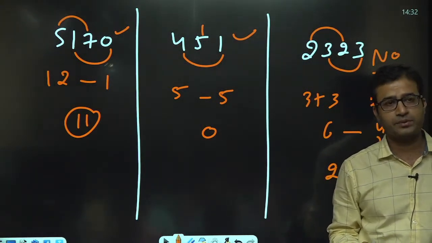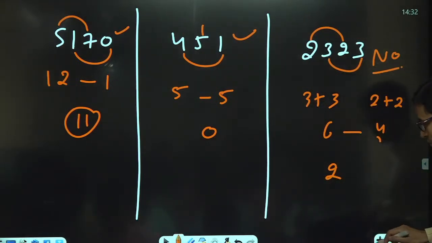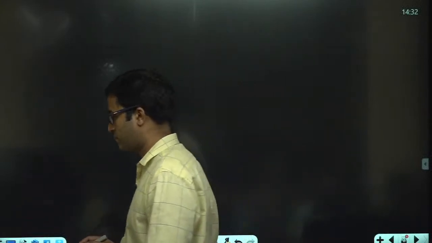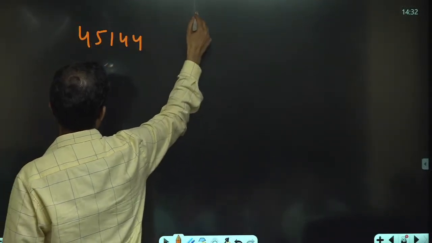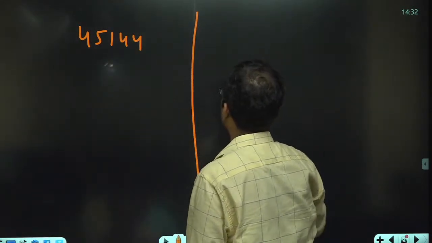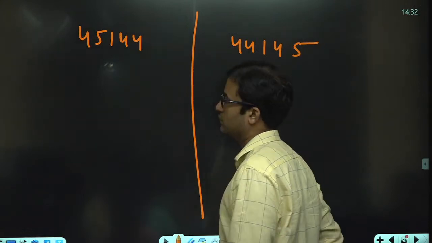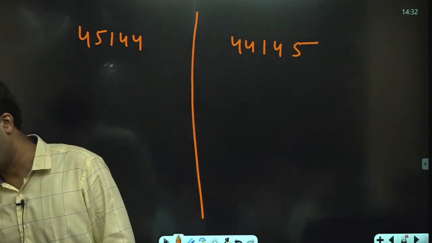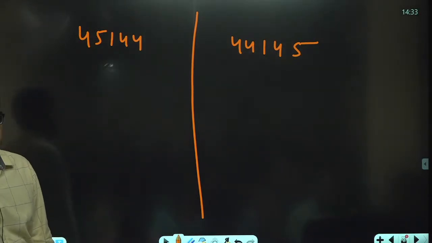There are 3 steps. Let me ask you 2 examples. 45,144. 44,145. One number is 45,144. Second number is 44,145.